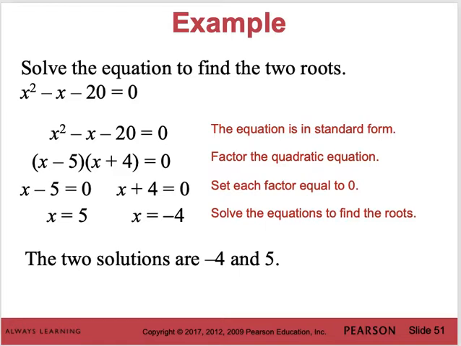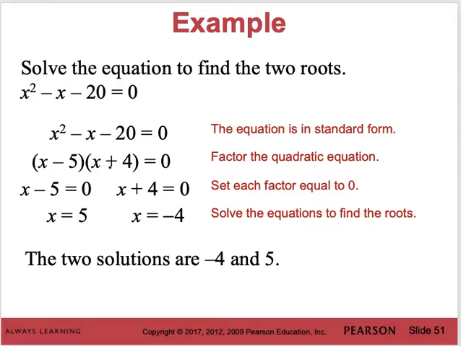Solve the equation to find the two roots, or the two numbers that would make this work for x. So first we can make sure the equation is in standard form. That means that we have the highest degree to the lowest degree and no variable terms on the other side, set equal to 0.